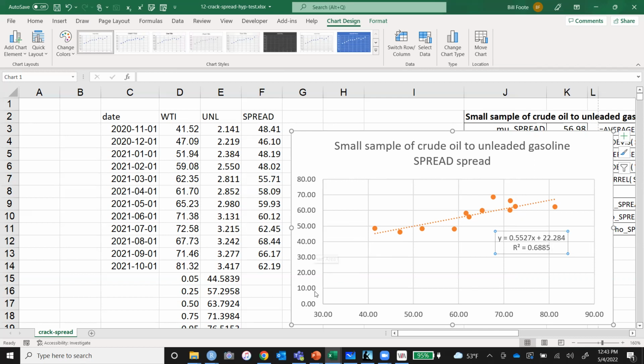And the 22 ends up being an intercept. Now you've got to remember this goes all the way to 0, and 0.5527 ends up being the slope, the rise over the run. So that is all going to be measured in dollars per barrel. It's $0.55 per barrel spread change, an impact for every dollar of WTI increase.